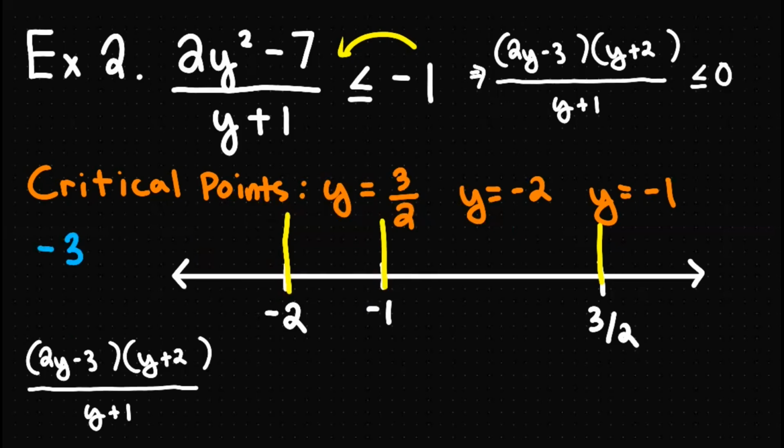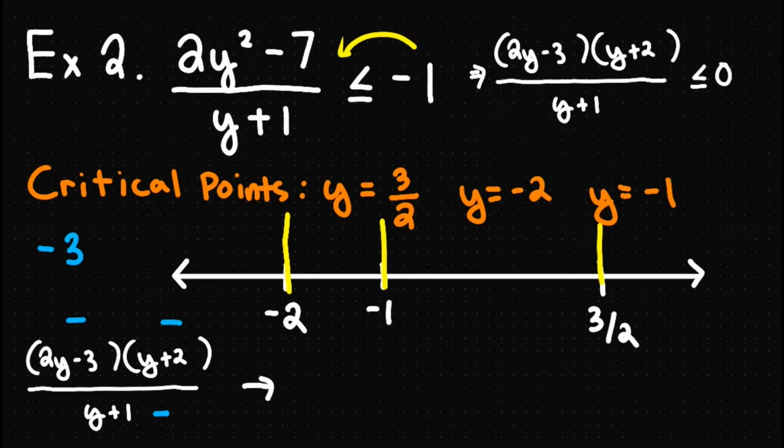So at negative 3, this factor will be 2 times negative 3, which is negative 6, minus 3, so that is negative. Then y plus 2: negative 3 plus 2 is negative. Then negative 3 plus 1 is negative.